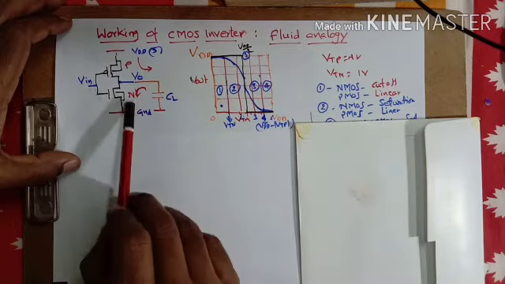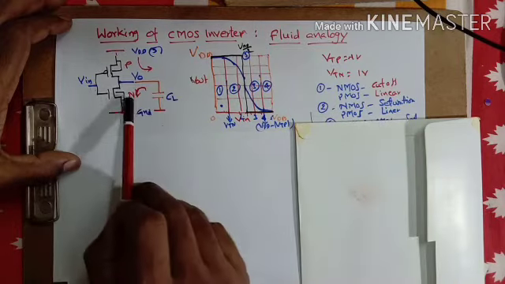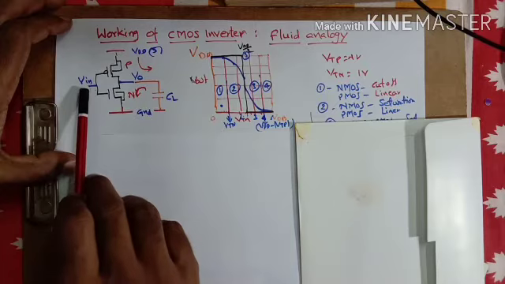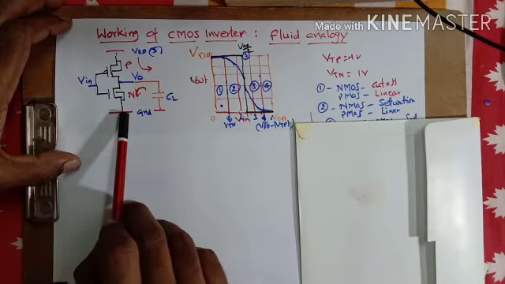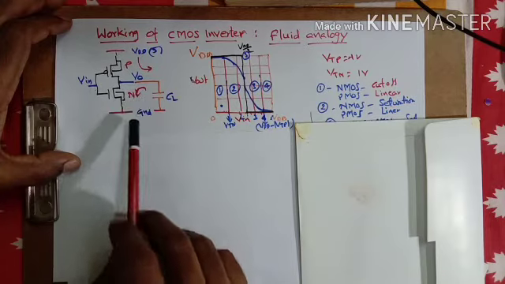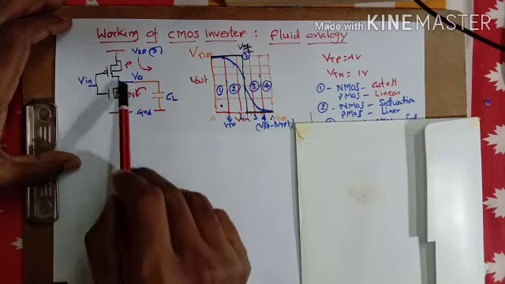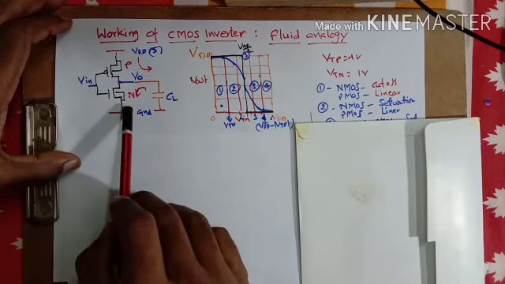Okay, so here in region 2, I have applied a gate input voltage that is acting as VGS for the NMOS transistor, just turning it on, and NMOS is now acting as a current source. It is just sinking some constant current from this node.